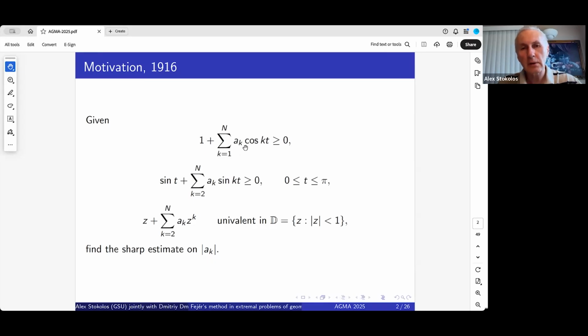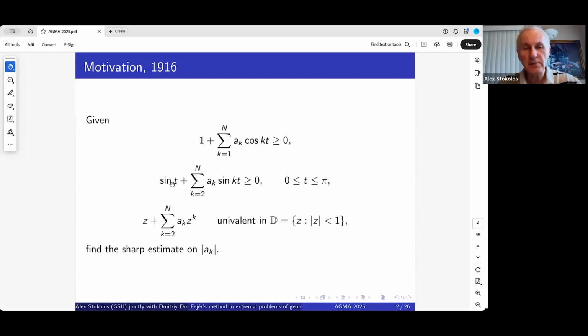We know that the coefficients A_k here are bounded. The sharp estimate is 2 times cosine of something. In absolute value, all of them turn out to be non-negative, as far as I remember, at least for the first several. The extremizers are known.